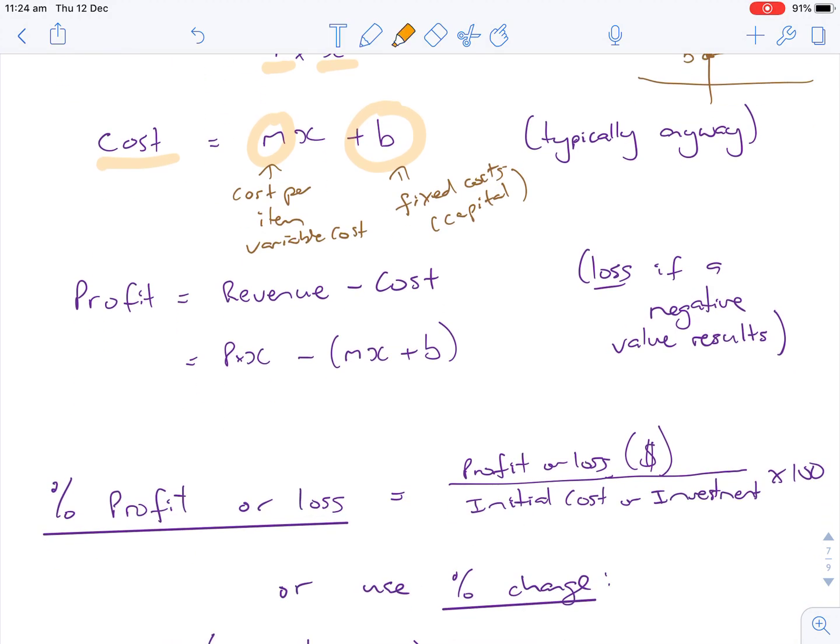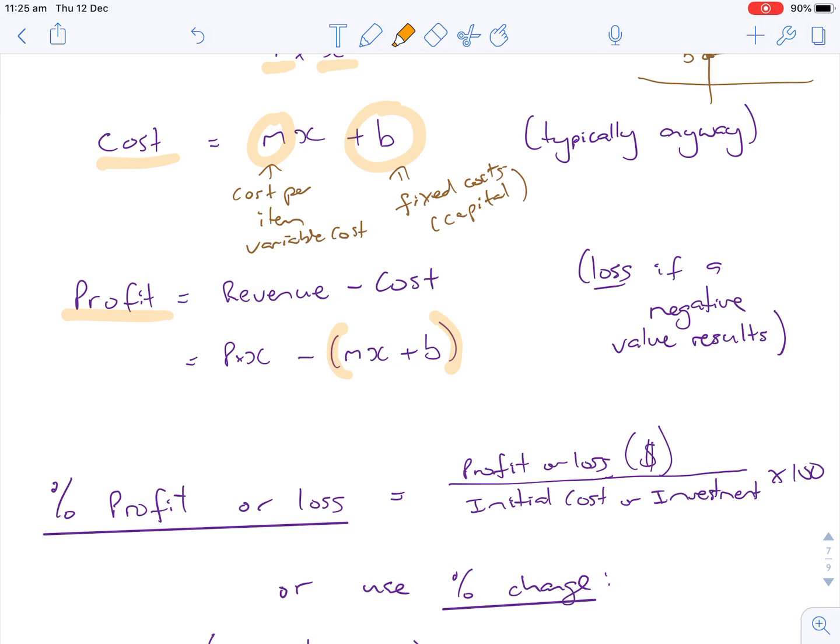Profit, on the other hand, is how much money you've actually made from your venture. So that's the revenue, the money you've taken in from it, take away the costs. The biggest mistake people have here is that costs typically have those two components, and it's typically a BIMDAS error. If I wrote this without the brackets, I'd go price times X, so that's my revenue.